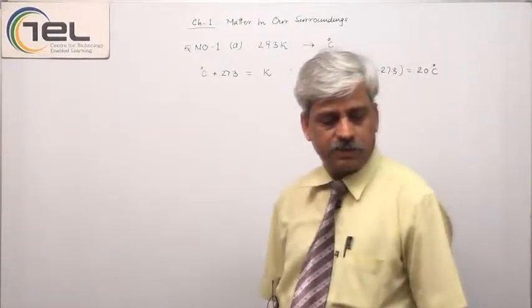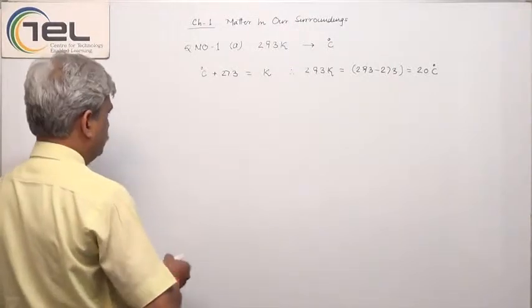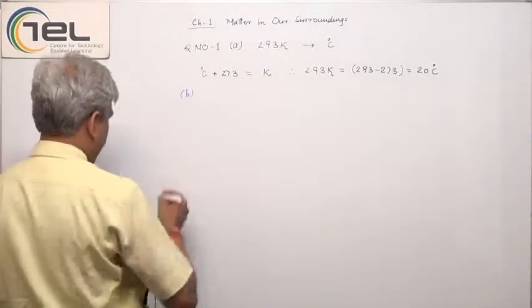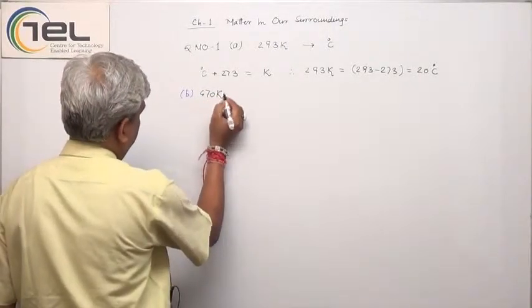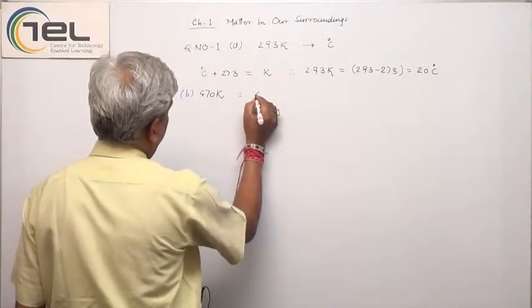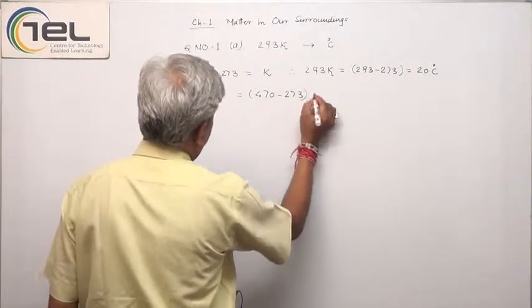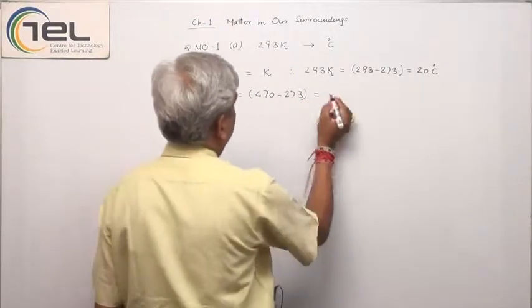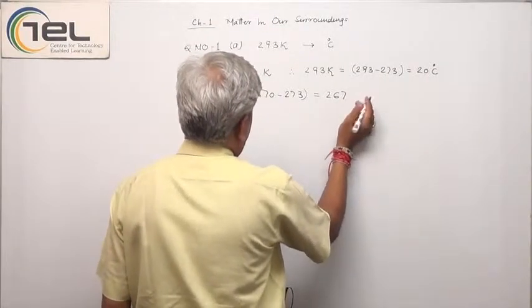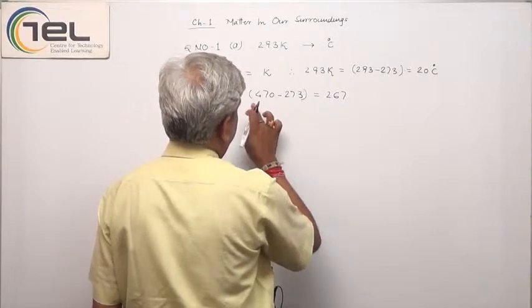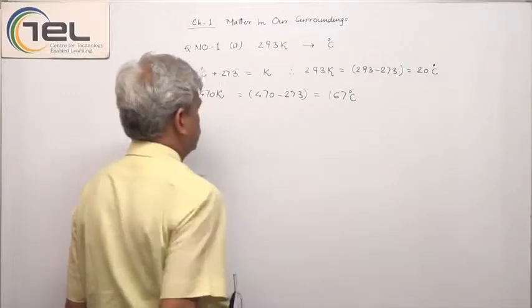In B part, the temperature is 470 K. The B part of the same question. 470 Kelvin will be equal to 470 minus 273, that will be equal to 197.